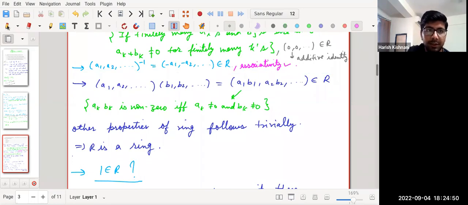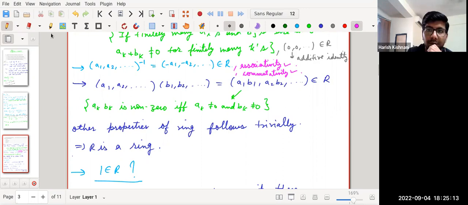So both of these are trivial to check, so I am leaving it for you. Commutativity will also follow.